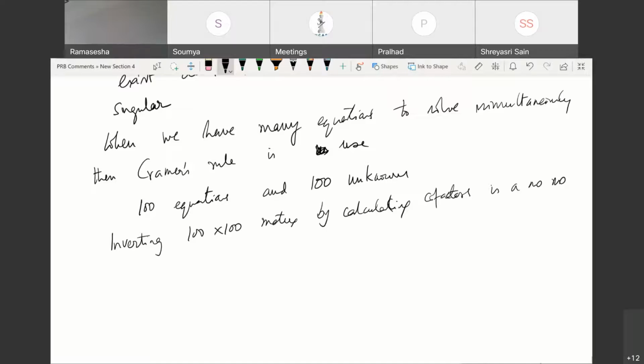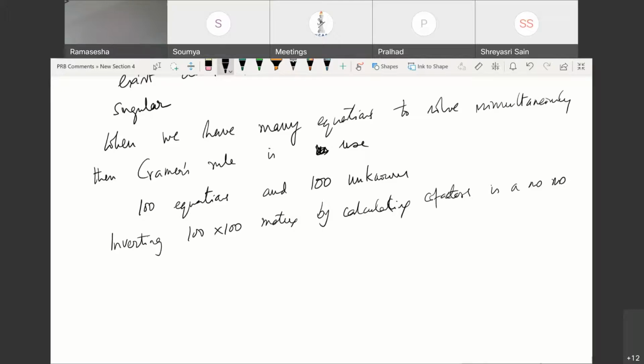Like I said, 100 equations means you'll have 100 factorial terms. And if you use Stirling approximation, you know that it's roughly 100 to the power 100, or e to the power 100, the number of terms that you have got to deal with. And that is going to be extremely large, exponentially large, so you cannot solve it.